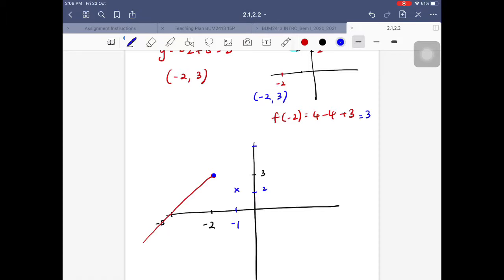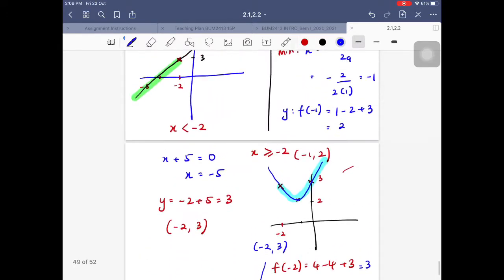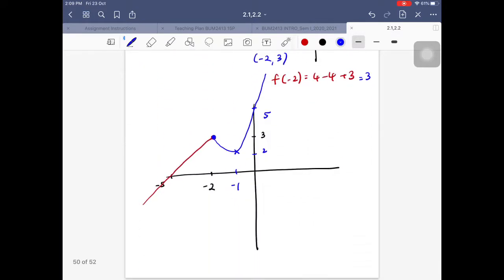It's going to be somewhere over here. This is my minimum value, and the intercept is going to be somewhere over here, which is going to equal 5. So when I put my graph together, it's going to look something like this. I basically patched together this one and this one, combining them. So this is how my graph is going to look.